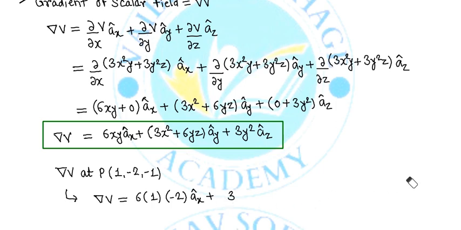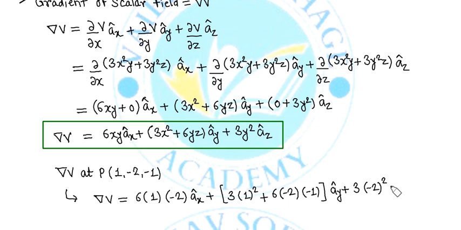So x is 1 square, plus 6 into y, that is -2, and then into z, z is again -1. So this is your second bracket, and lastly 3y square. So y is minus 2 square, into az cap.